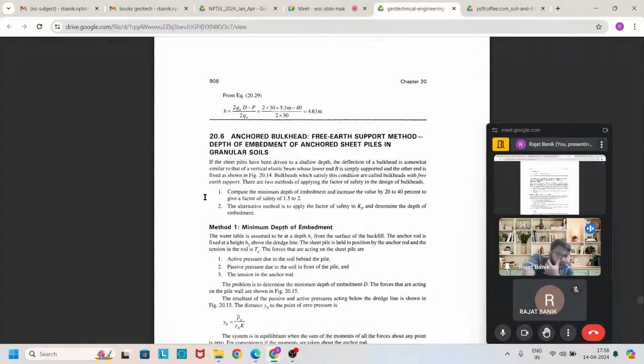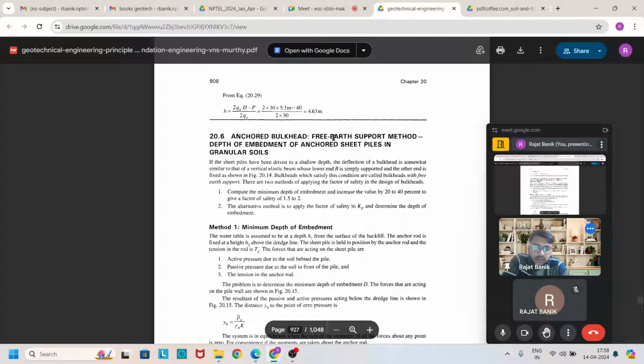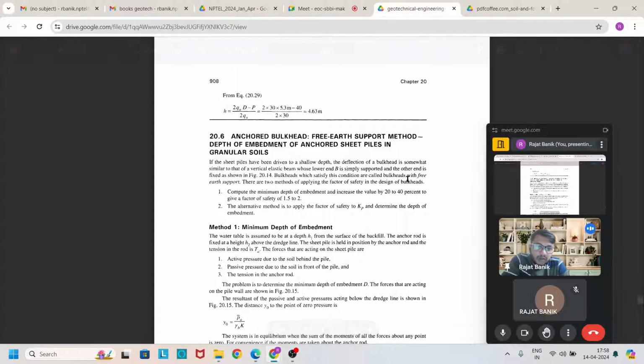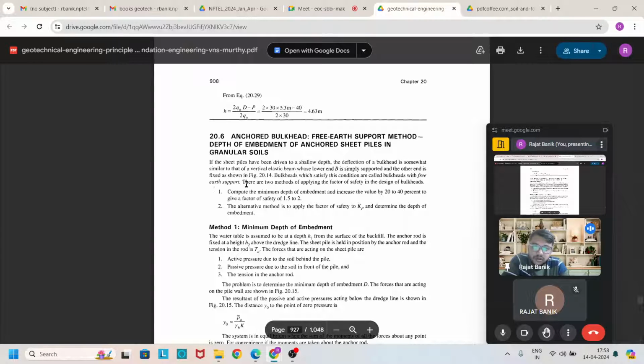So anchor bulkhead or anchor sheet pile is mostly used in granular soil. If the sheet pile has been driven to a shallow depth and the deflection of the bulkhead is somewhat similar to a vertical elastic beam, where the lower end is simply supported and the other end is fixed, as shown in the figure, the bulkhead which satisfies this condition is called a bulkhead with free earth support.